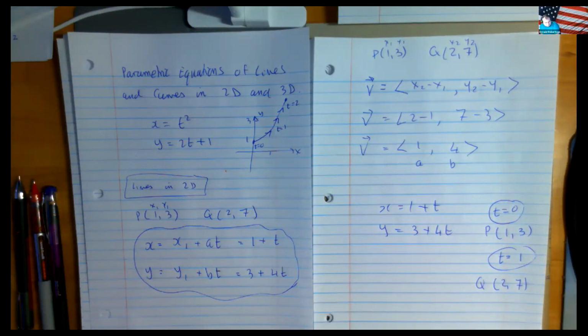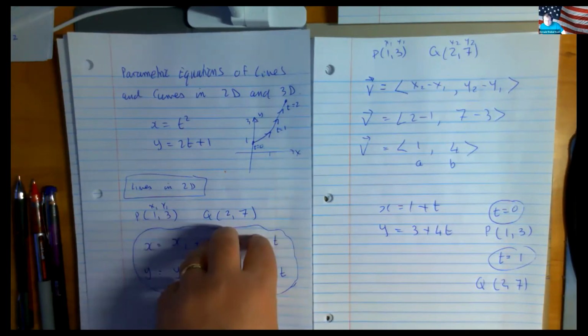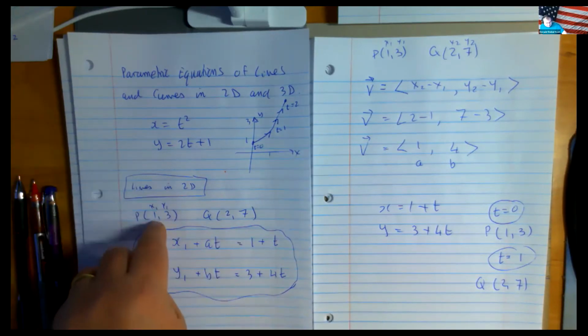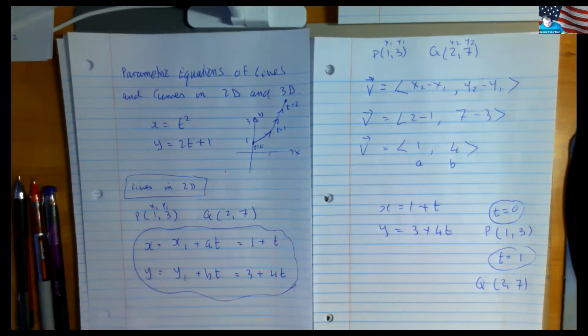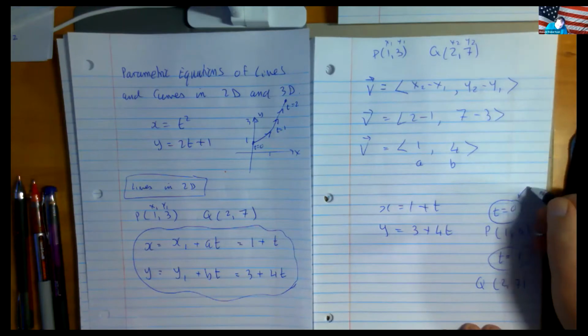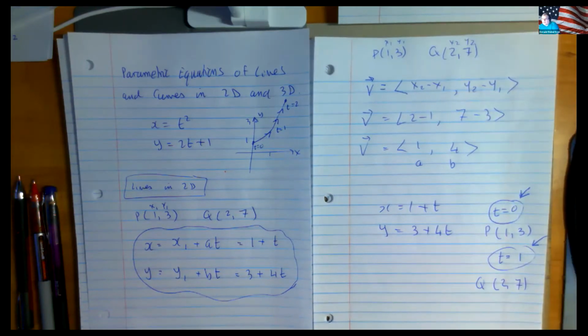Have you noticed that by this parametric process, you can take a line from P to Q, get its parametric equation, and you know what the start and finish t values are? t equals 0 will be the first point, and t equals 1 will be the other point.